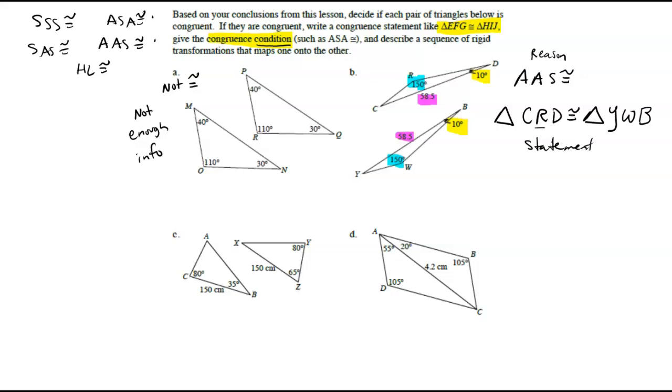All right. So let's see how we're doing on C. So for C, the first thing that I notice is I got an 80 degrees, got an 80 degrees. I notice 150, and I notice 150.